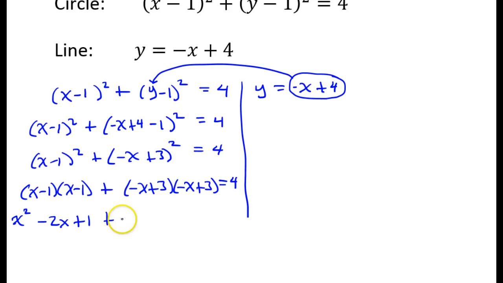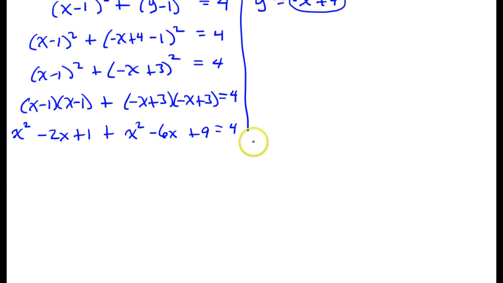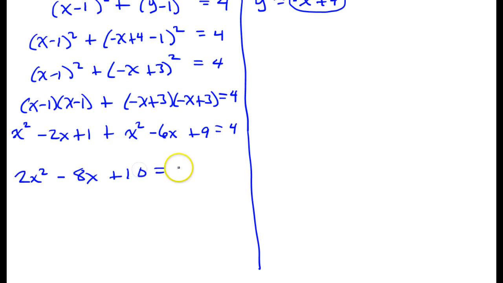If I multiply these two together, I'm going to get x squared minus 6x plus 9 is equal to 4. So combining like terms, x squared and x squared, that's 2x squared. Negative 2x and negative 6x, that's negative 8x. 1 plus 9 is 10, and that's equal to 4.